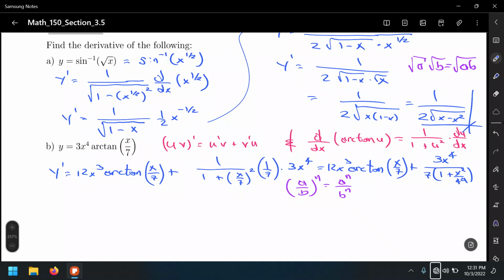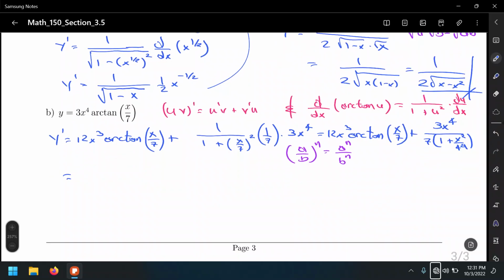So number 1, I'm going to distribute the 7, and so this will be 12x cubed arctan of x over 7, plus 3x to the 4th over 7 plus, okay, what's 7 over 49? Doesn't that reduce to 1 over 7? Then x squared over 7.